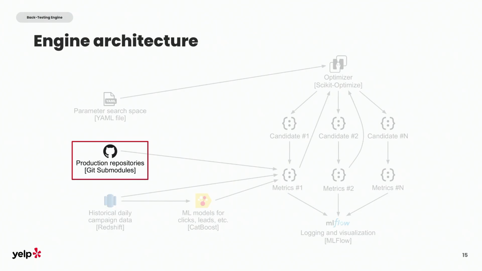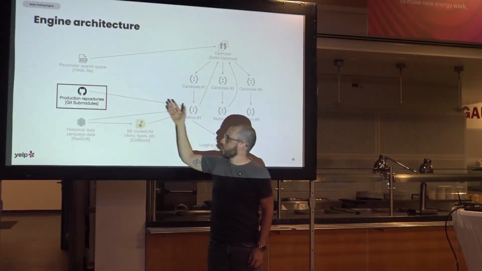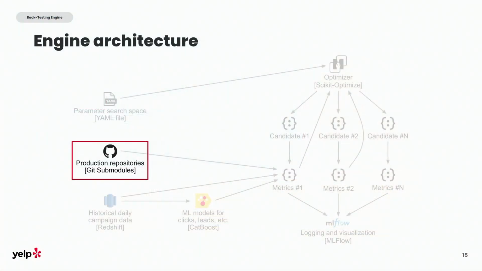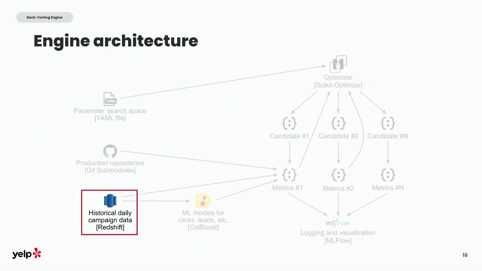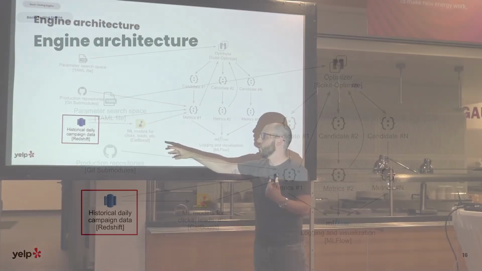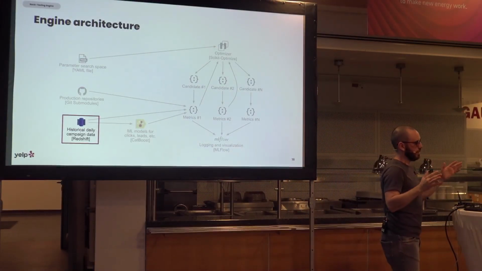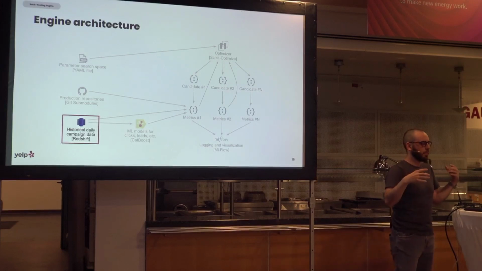So basically we have the candidate parameters, and we feed those to the production repositories, and the output is... Before that, of course, because it's a backtesting engine, we need to use historical data, because we have a time period, typically last month.